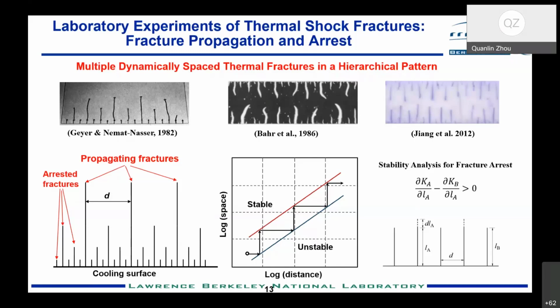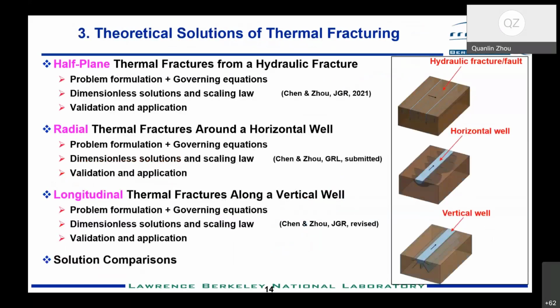Now let's move on to the more technical part of our modeling. That is theoretical modeling and the solutions of thermal fracturing for these three scenarios: half-plane thermal fractures from a hydraulic fracture, radial thermal fractures around a horizontal well, and then longitudinal thermal fractures along a vertical well.